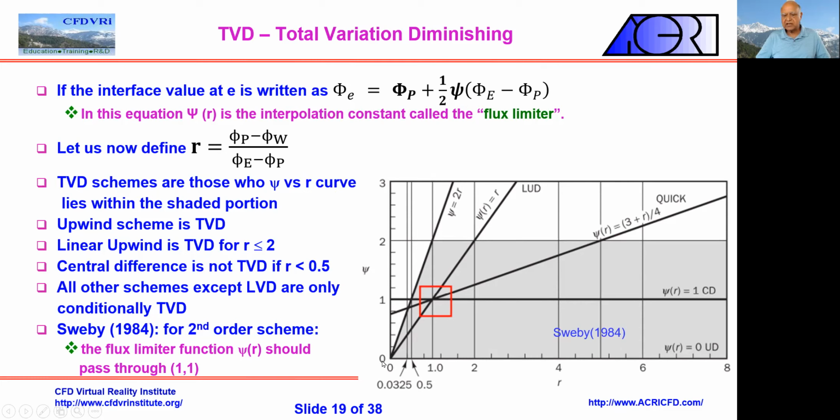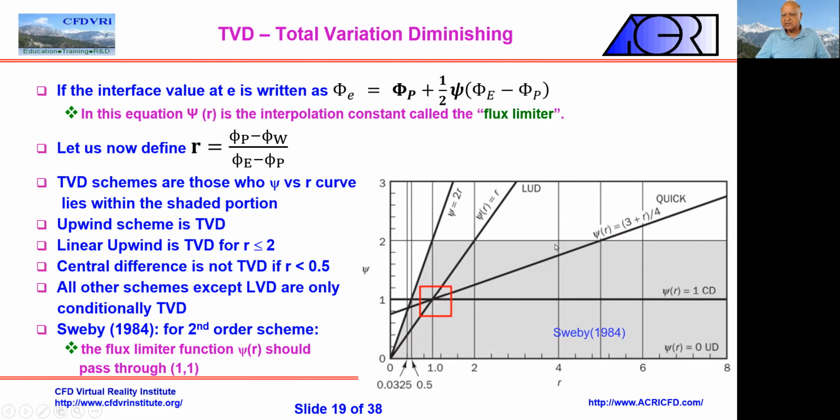Psi is basically 0 in the upwind scheme, because for the interface value we are going to put it equal to phi P, so psi is taken to be 0. Now for the central difference scheme, we are going to take psi to be 1. Psi equal to 1 means it's an average: you'll get half times this plus this. So that's our scheme, and you see this is where the problem is. It's no longer in the shaded region.